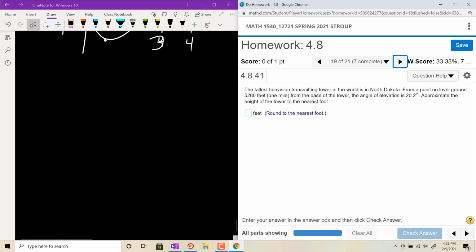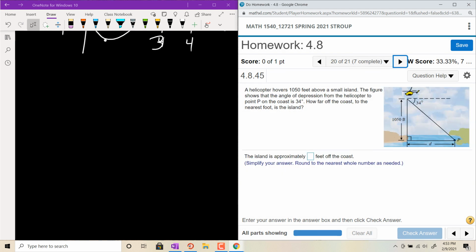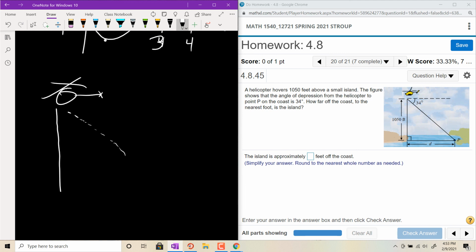Okay, so here is an application problem. This is the transfer one I just did, the North Dakota one. Here's a weird helicopter one. You've got a picture going here, and then there's an angle of depression.